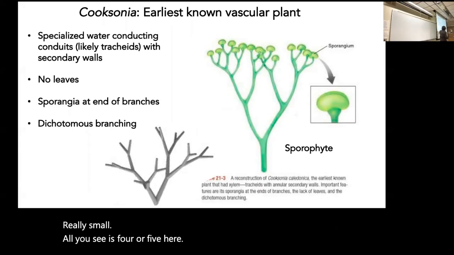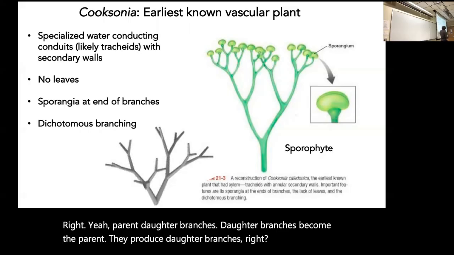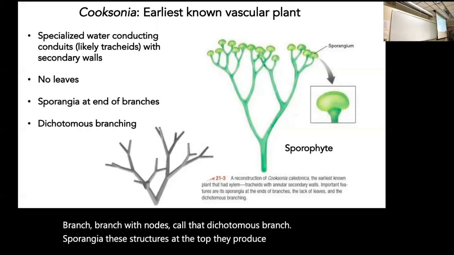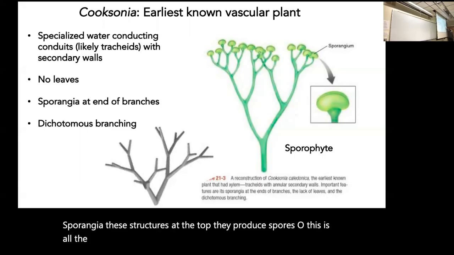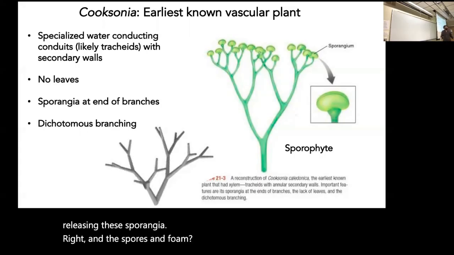Unique branching. We call this dichotomous branching. Right? You have a parent, daughter branches become a parent, they produce daughter branches. Branch with nodes, all that dichotomous branching. Sporangia, these structures at the top, they produce spores. So this is all the sporophyte, all diploid, producing these spores at the top, releasing these sporangia, and the spores then fall. No leaves.